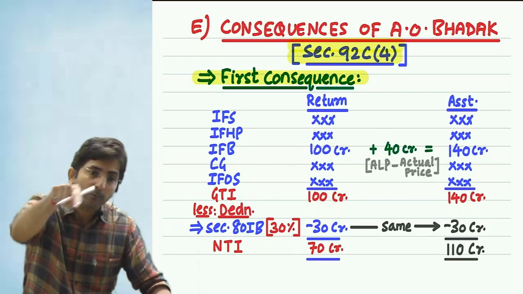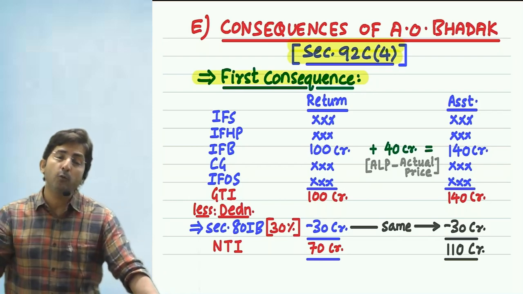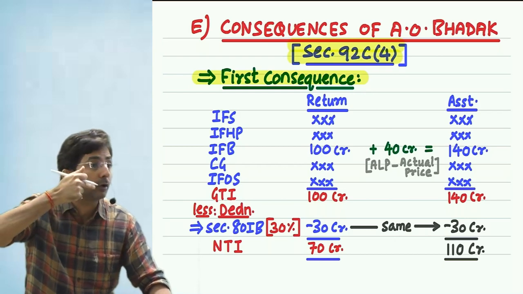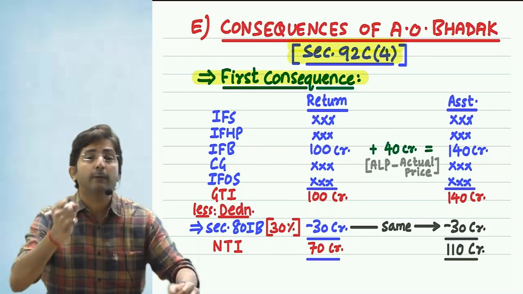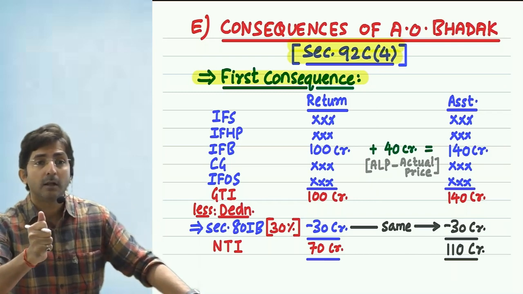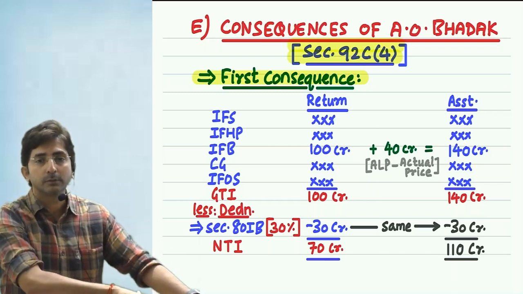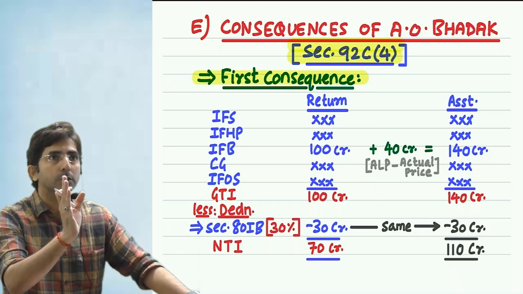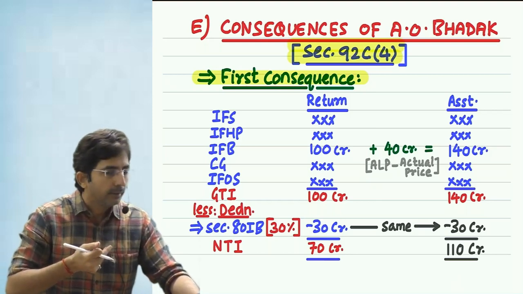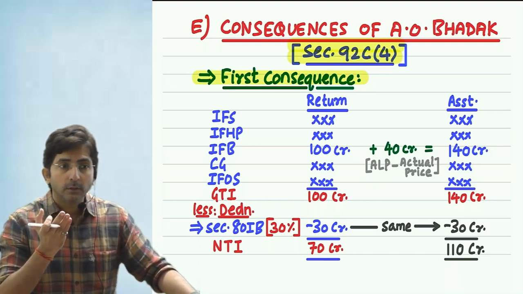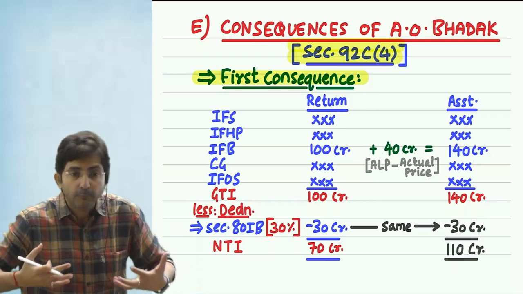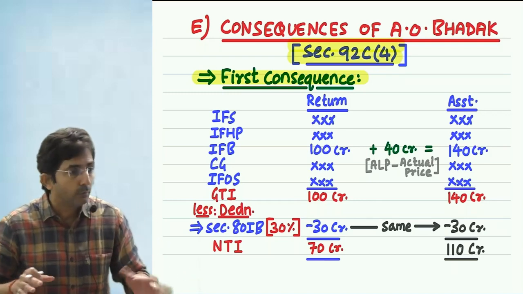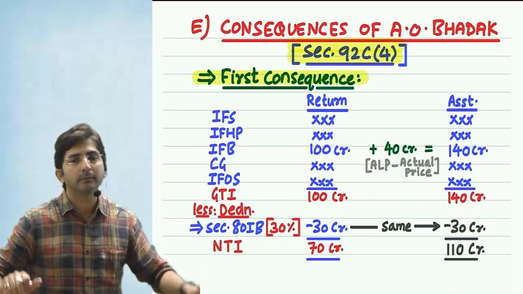If he would have computed ALP, if he would have added 40 in the return on his own, he could have rightfully taken deduction on 140 crores. And 30% of 140 crores is 42 crores. Feel the figure, these are in crores. And I am not hyping the figure, these are not exaggerated. They are playing in crores only.